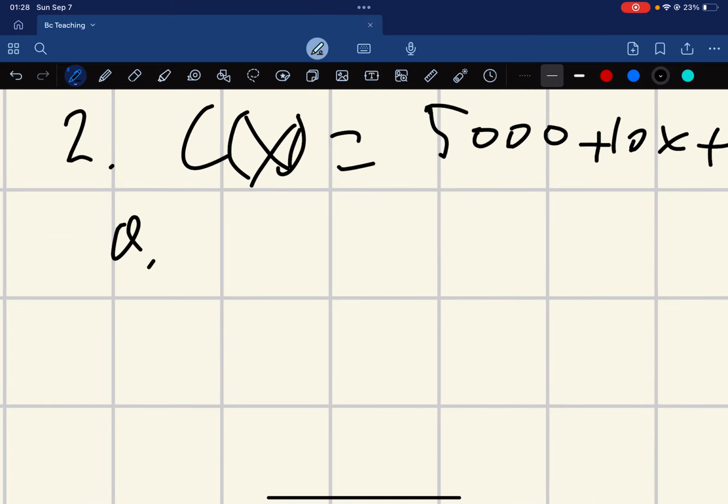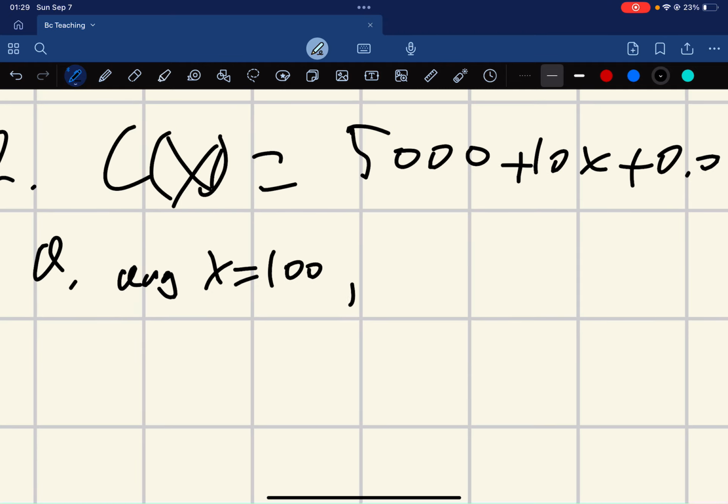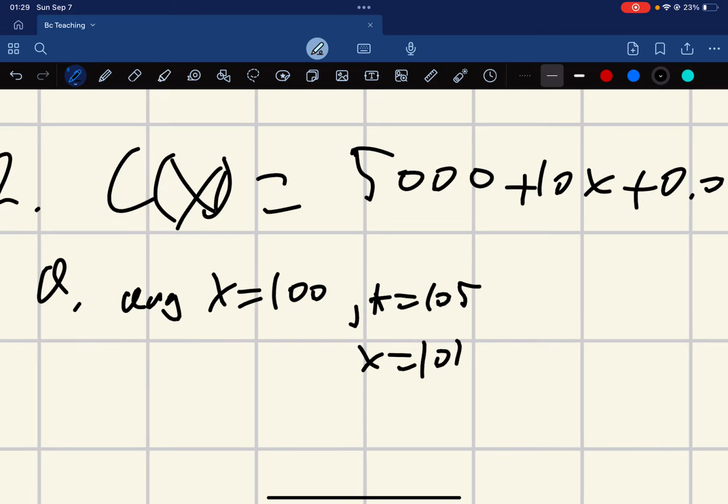First find our average rate of change from X equals 100 to X equals 105, and then from X equals 100 to X equals 101.